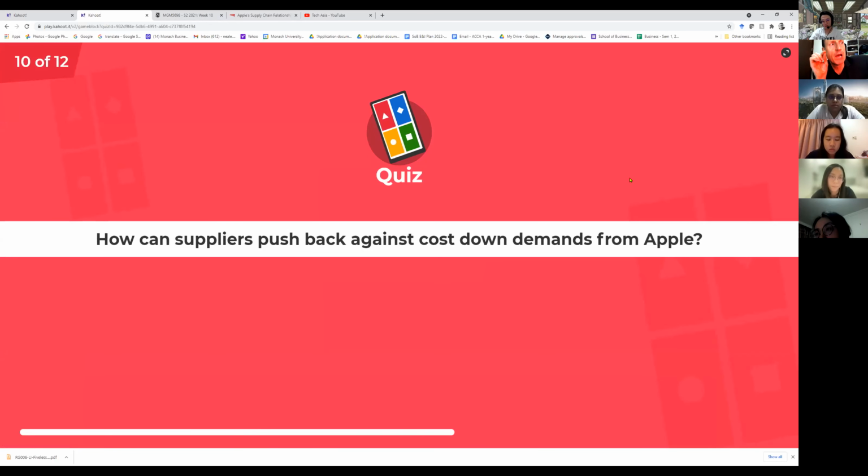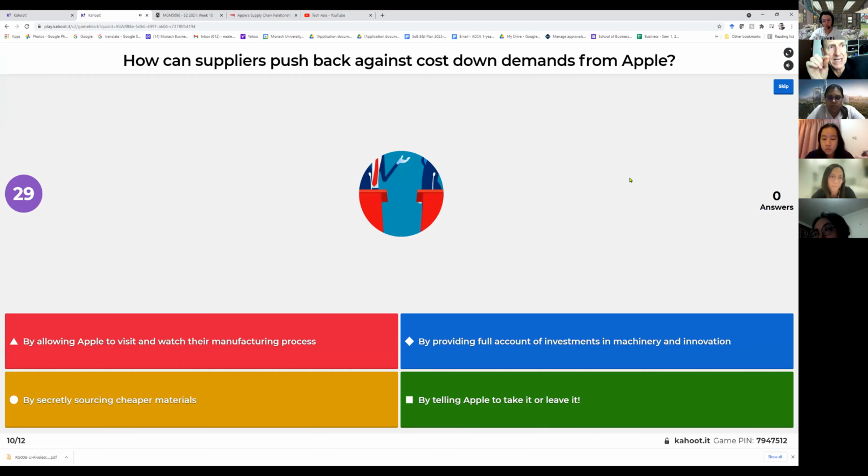How can suppliers push back against cost down demands from Apple? How can they push back? And I gave you a real example of how 3L Coils pushed back to Apple.